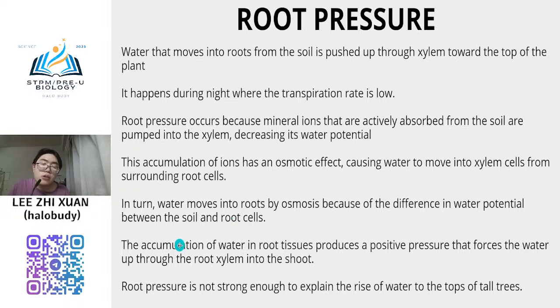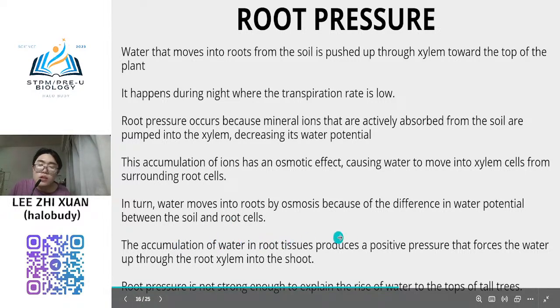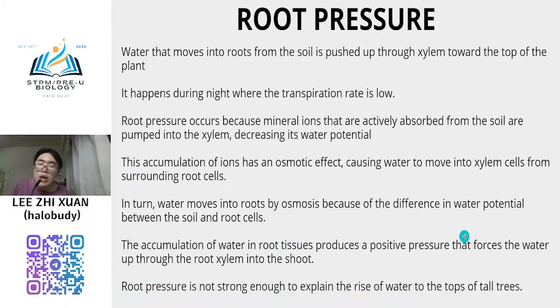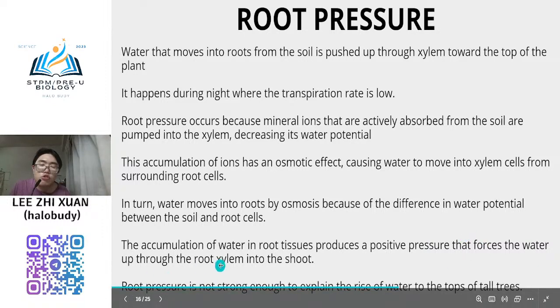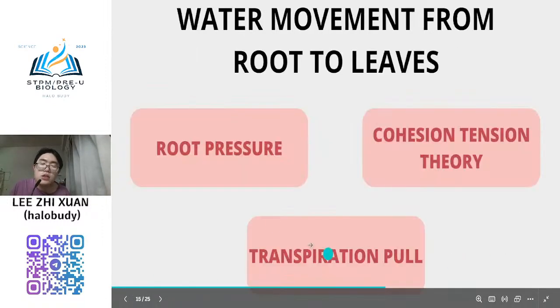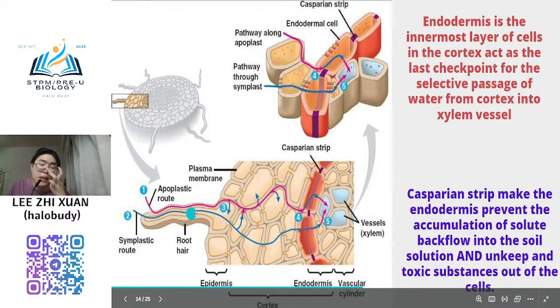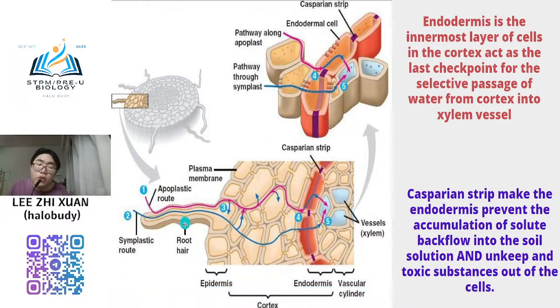The accumulation of water in the root tissue produces a positive pressure that forces the water up through the root xylem. So when the water molecules diffuse into the root hair, the root hair accumulates water, because you need to know that the transpiration rate is very low now.